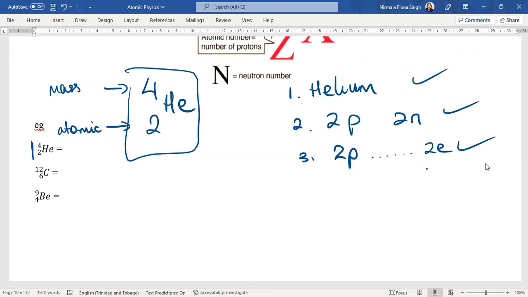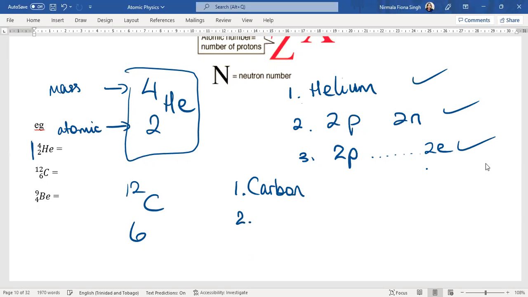Let's try this here. 12 C 6. Number 1, do we know what element C is? Come on, chemistry students. Carbon. All right.